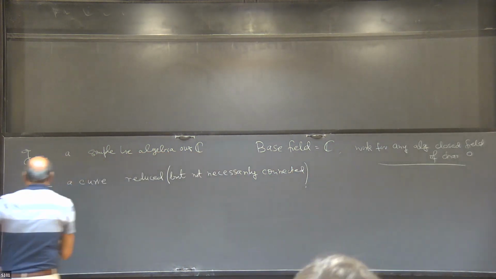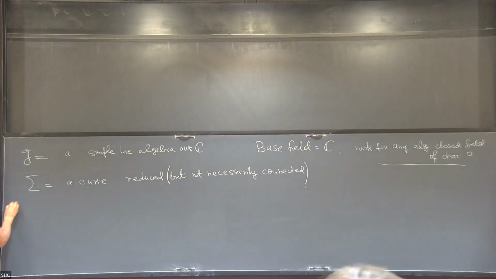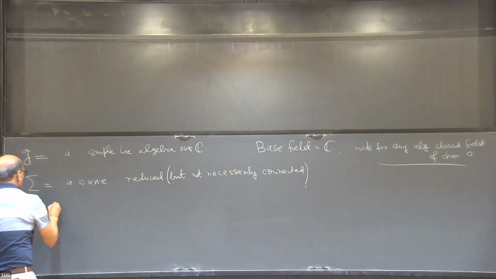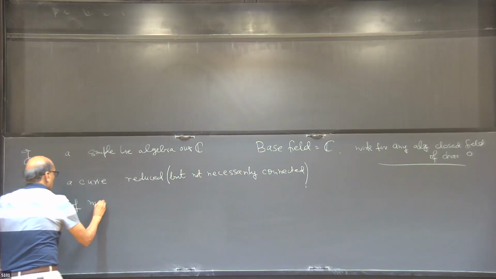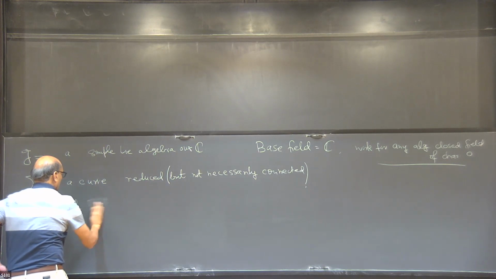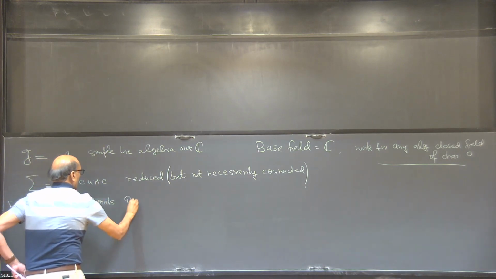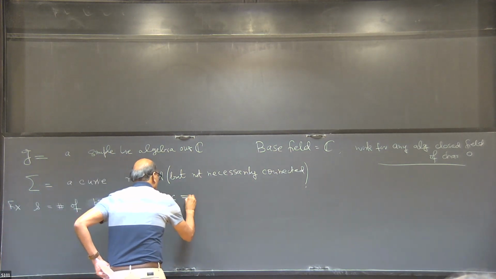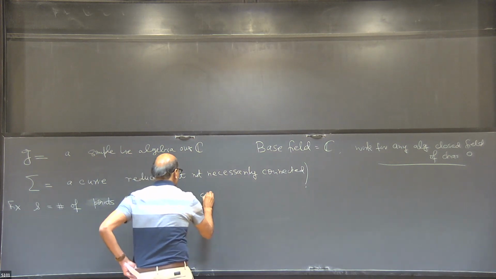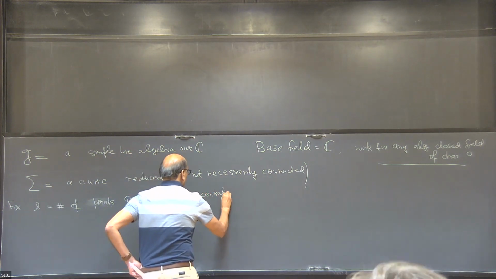And now I will fix two numbers. Fix S, the number of points on sigma. And also I will need C, which is the central charge of the theory, which I will explain.